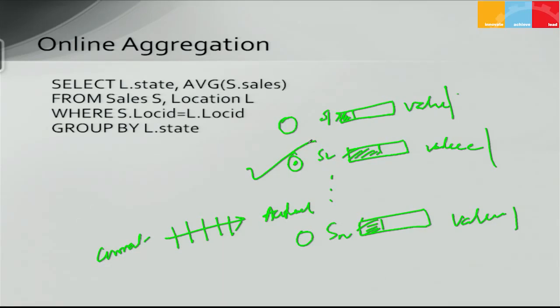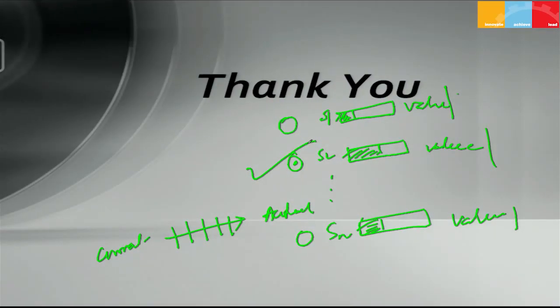So with this, I wind up this section. Here I basically looked at 5 or 6 concepts or features that are supported. There is a whole lot of features that are supported by relational databases, but as I told you, I focused mainly on those features which we have discussed in the course so far. So there are techniques for compression, there are techniques for making the ETL faster, there are techniques for making the maintenance of materialized views faster.